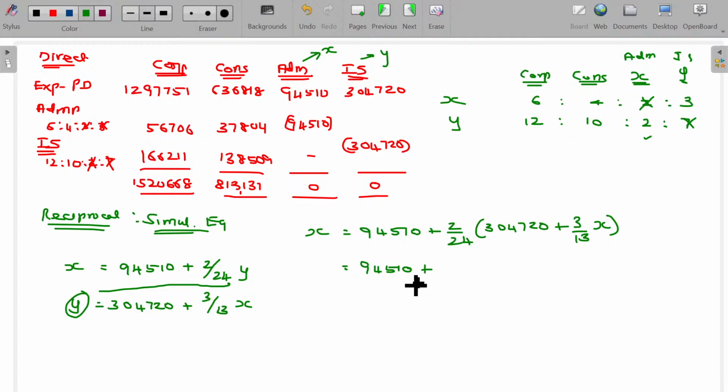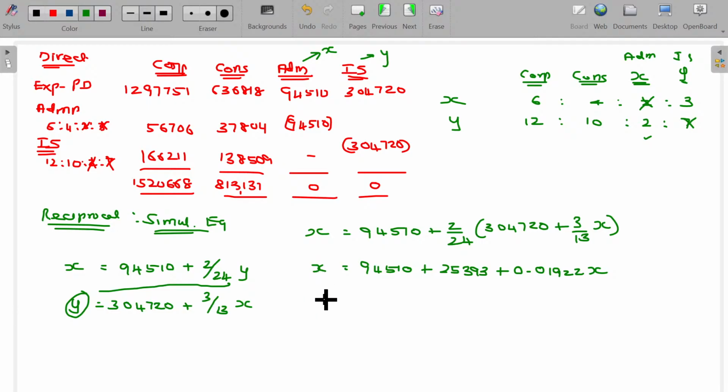What's the value you are getting? 2 bar 24 of 3,04,000 is 25,393 point, okay, you round up to the nearest whole number, plus 224 into 3 by 13, 2 bar 24 into 3 by 13, which is 0.01922x.